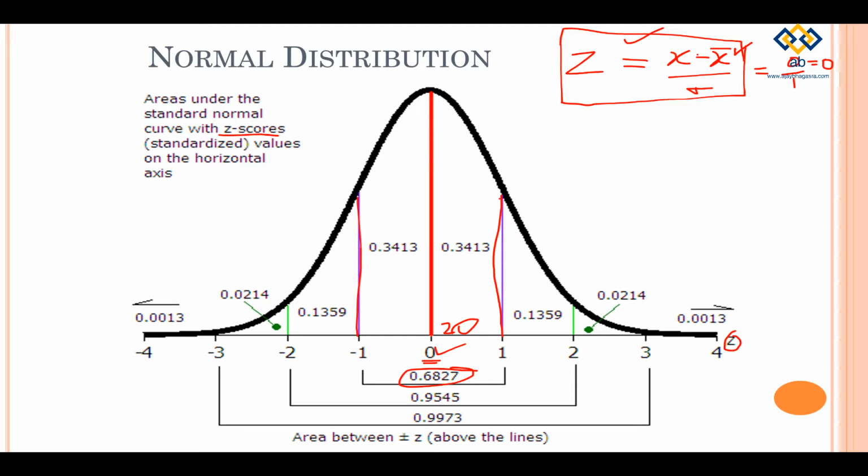Another property, right? Remember this: when the value of Z is plus minus 2, then the number of observations within this area, the green one which is highlighted, is 95%, right? And when you are talking of a Z value of 3, which is here, the number of observations under the curve for this value of Z is 99.73%.